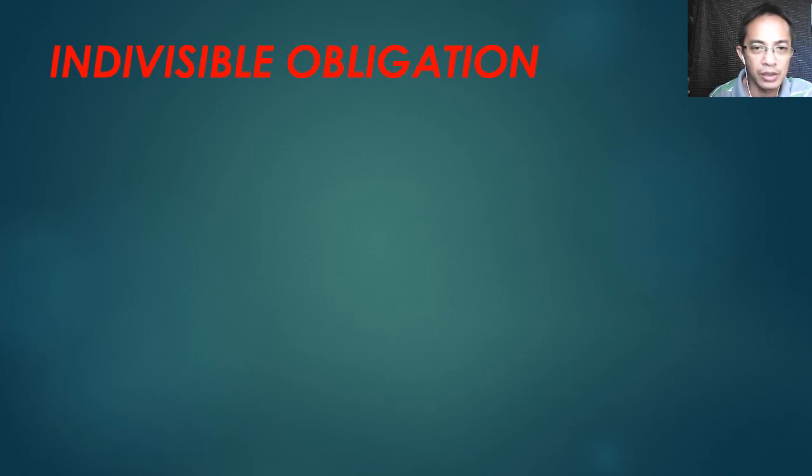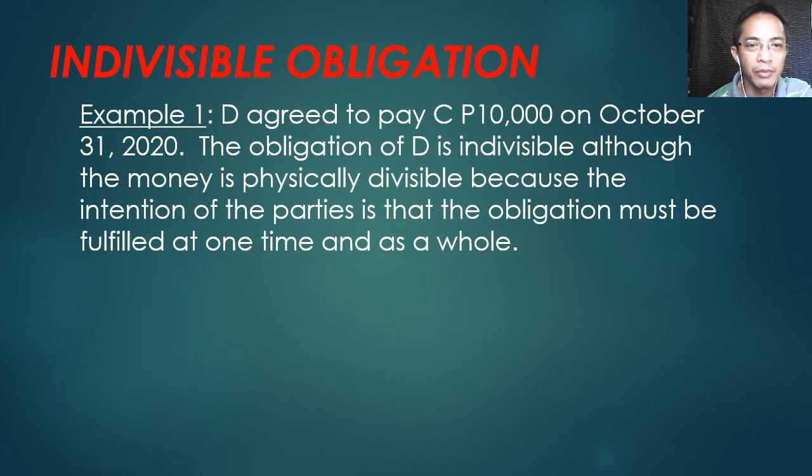So let us look at indivisible obligation. The object here is physically indivisible or where the parties agreed that the object will be indivisible even if the object can be physically divided. Example, D agreed to pay C 10,000 on October 31, 2020.